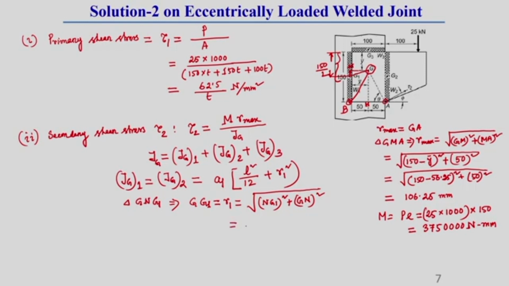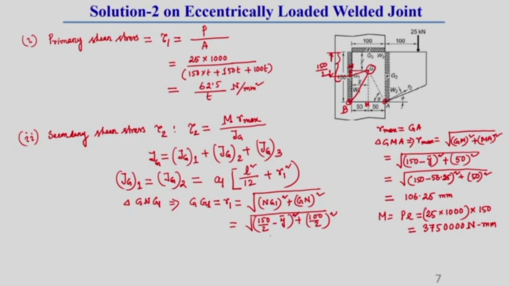So, what is NG1? NG1 is very well known to us, that is 150 by 2 minus y bar, and GN is given as the mid length of this horizontal weld, that is 100 divided by 2, this square.